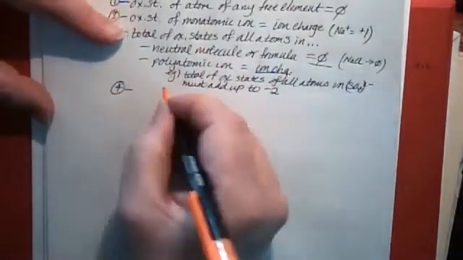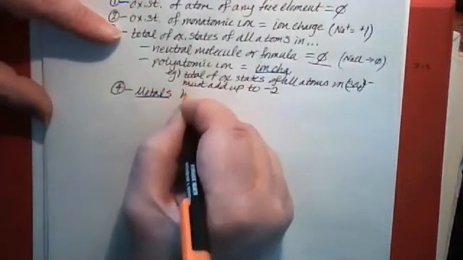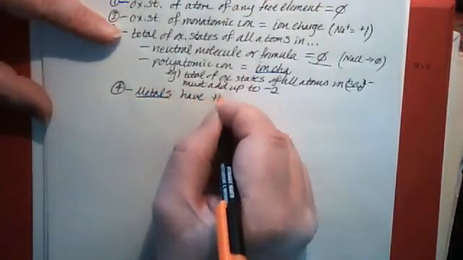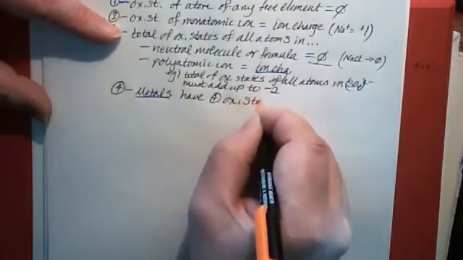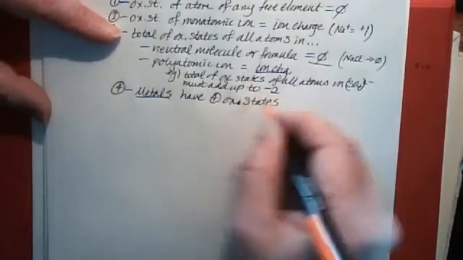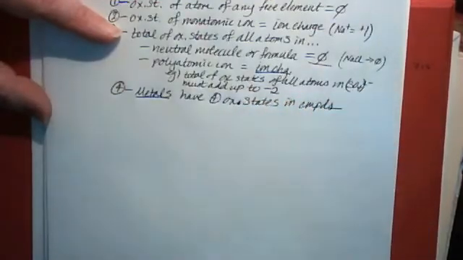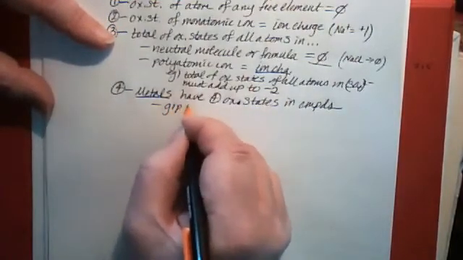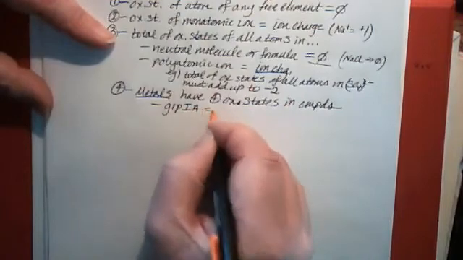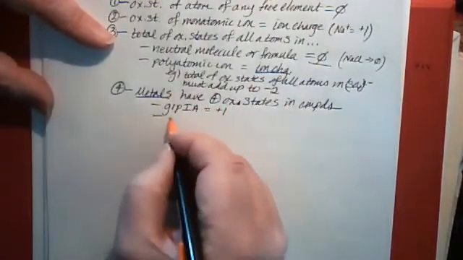Rule 4 is that metals have positive oxidation states in compounds. And the group 1A metals have oxidation states of +1.